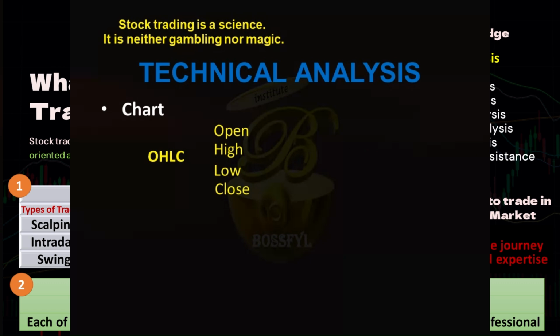Now, this OHLC, when you represent it in graphical format, you can represent it in different ways.